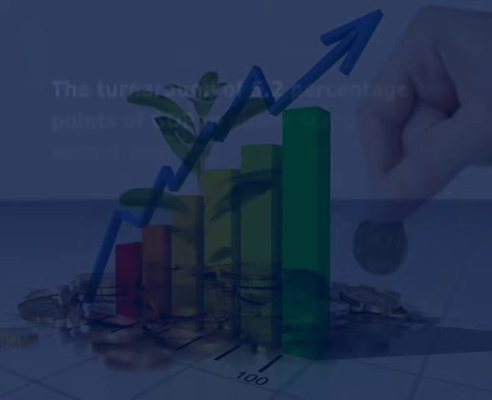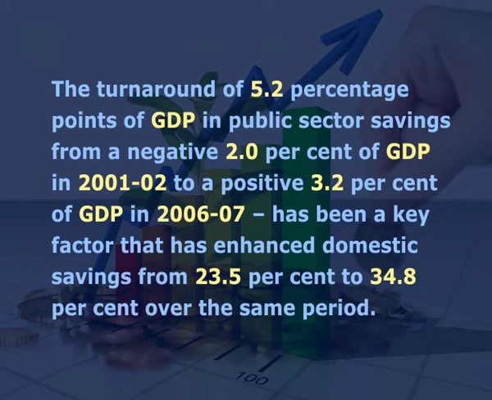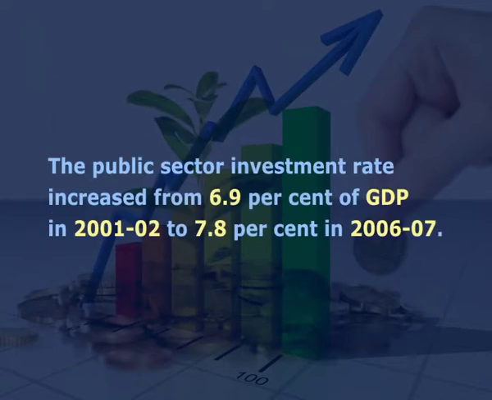Nonetheless, the turnaround of 5.2 percentage points of GDP in public sector savings from a negative 2% of GDP in 2001-2002 to a positive 3.2% of GDP in 2006-2007 has been a key factor that has enhanced domestic savings from 23.5% to 34.8% over the same period. The public sector investment rate increased from 6.9% of GDP in 2001-2002 to 7.8% in 2006-2007.